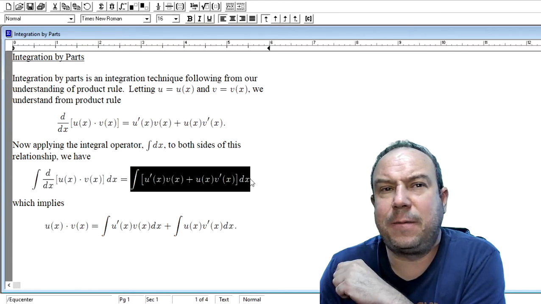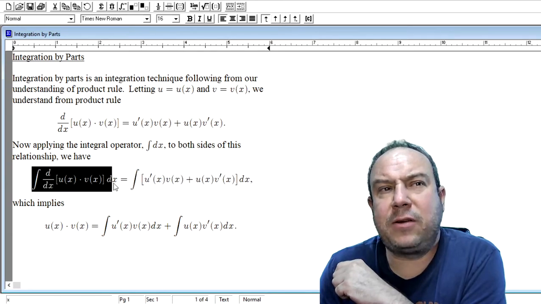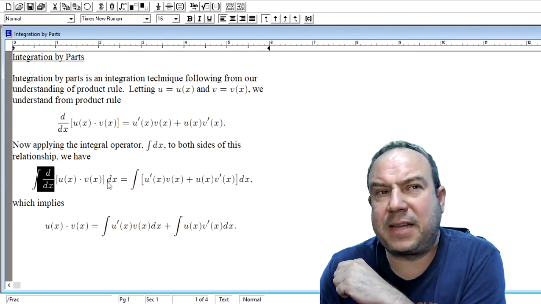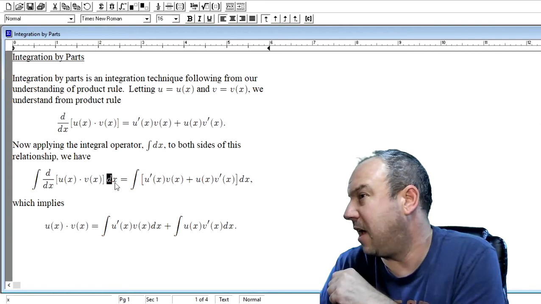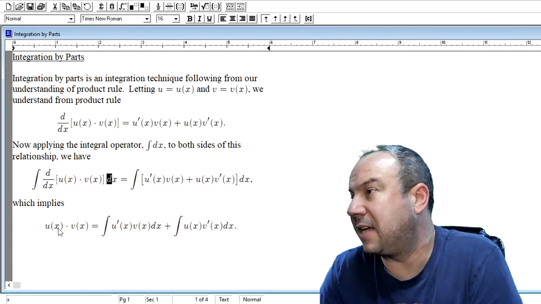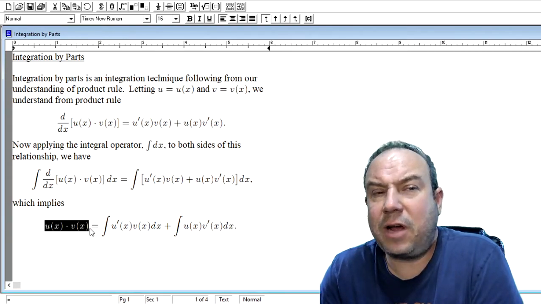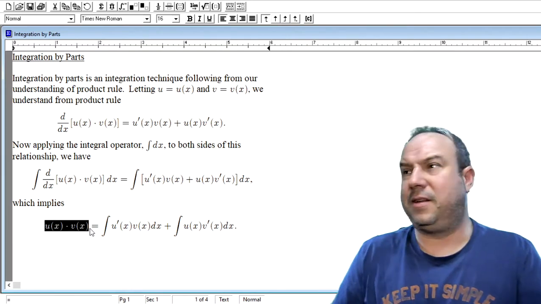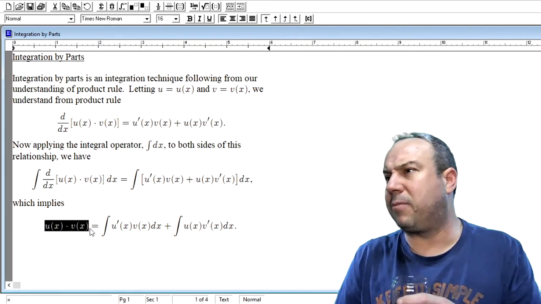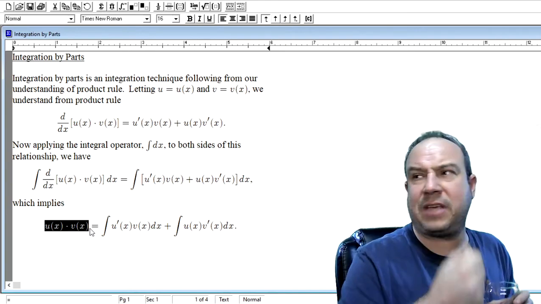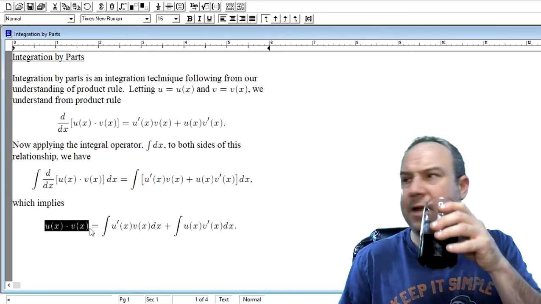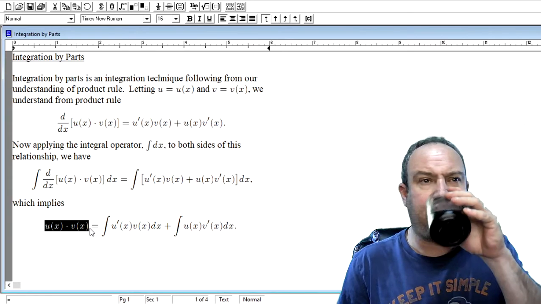When the integral operator is applied to a derivative with respect to x, and you're integrating with respect to x, the integration undoes the differentiation. Those are inverse operators, so there's some canceling on the left-hand side.